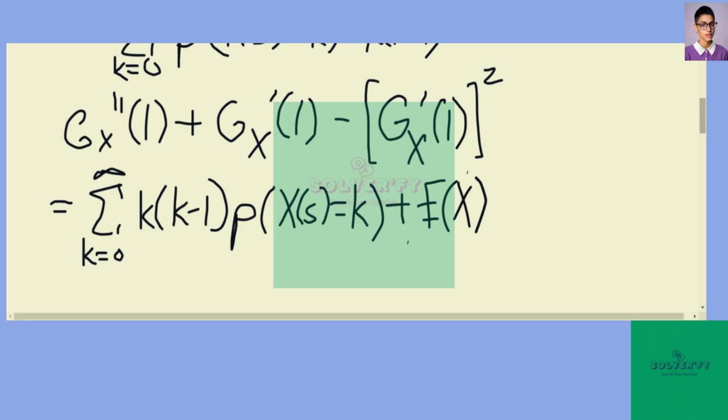And this is minus, and again, G_X prime of 1 is the expected value of X, and this is squared.